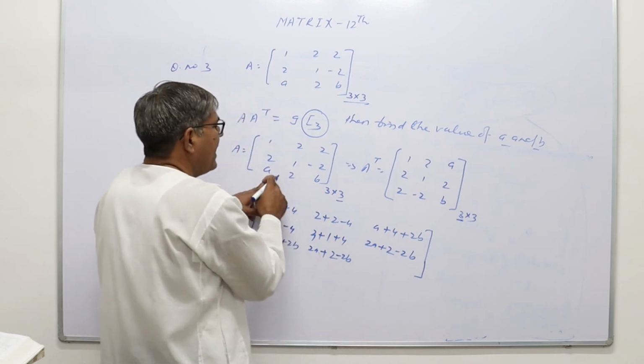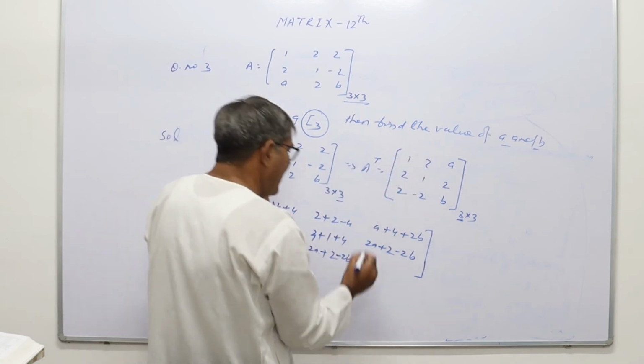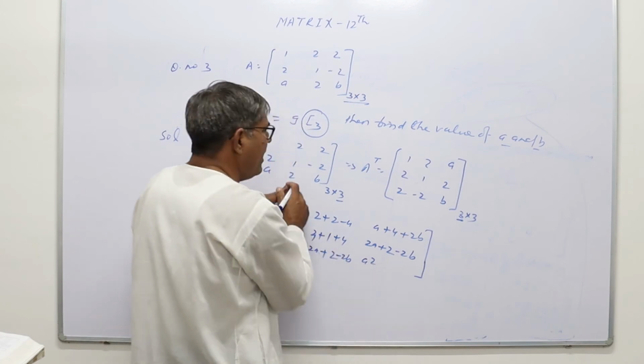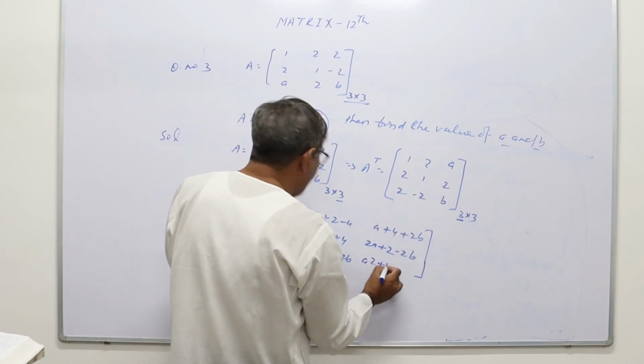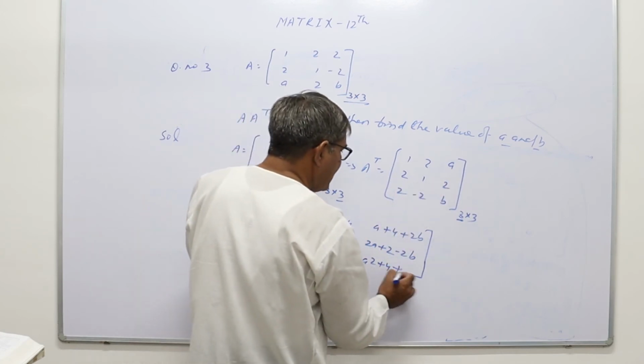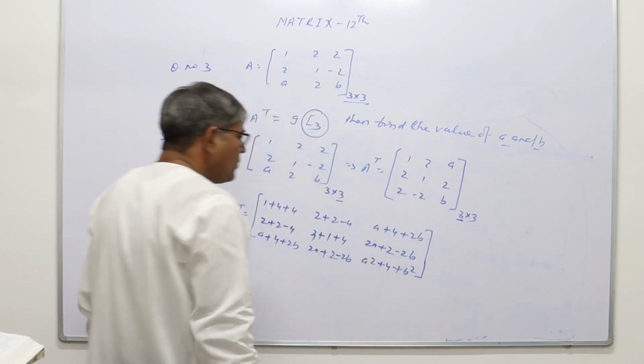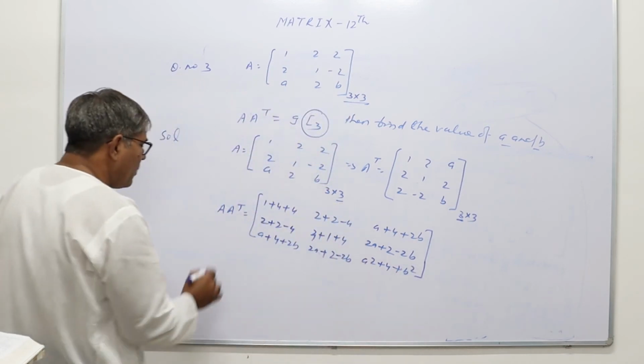Again see, third row, third column, a into a that will be a square, 2 into 2 that is 4, and b into b that is b square. So this is A into A transpose.